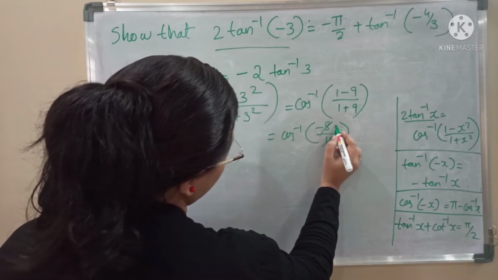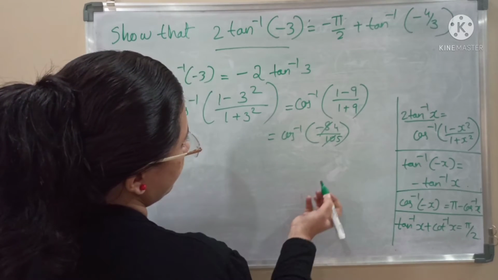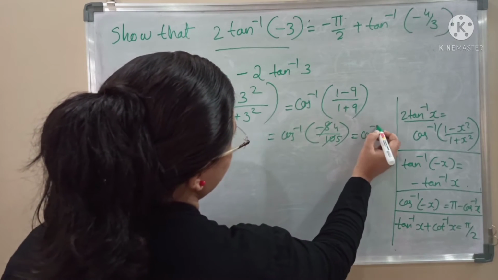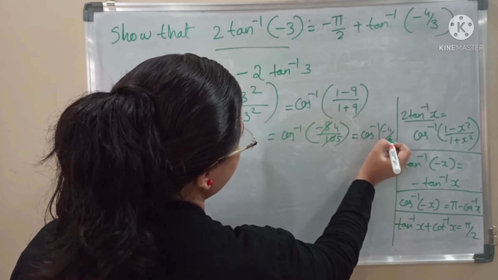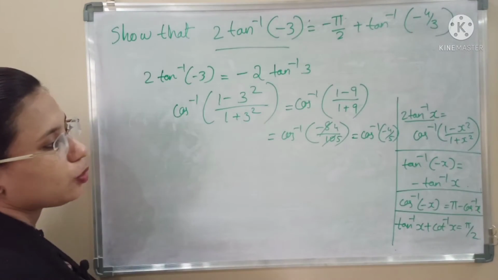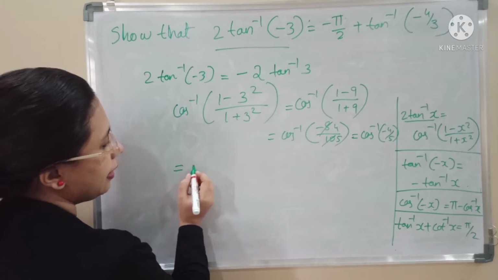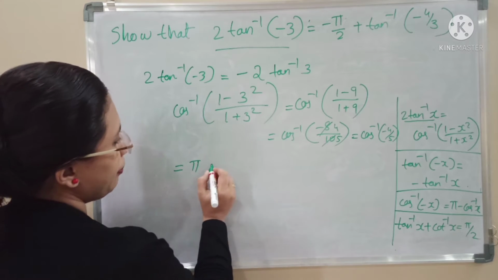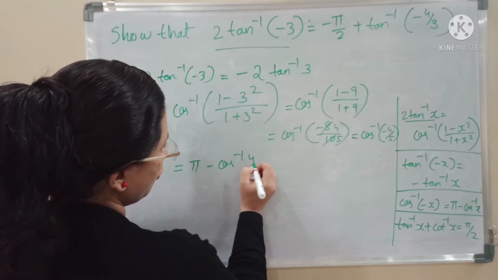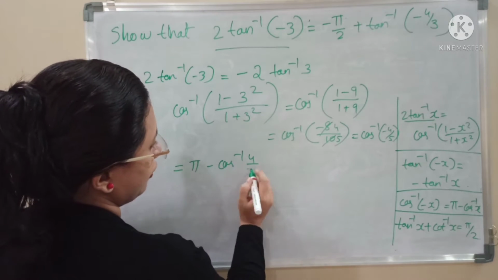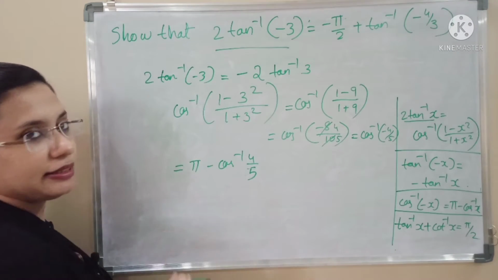In 2 we can get minus 4 by 5. So cos inverse of minus 4 by 5. And what is cos inverse of minus x? We'll get the answer with pi: pi minus cos inverse 4 by 5. Clear? Okay, so we got the pi term.